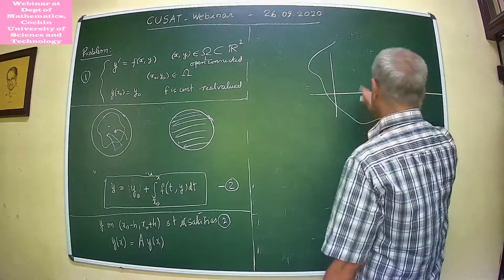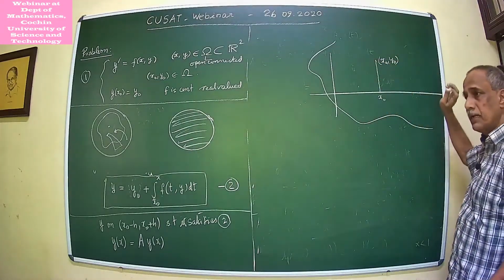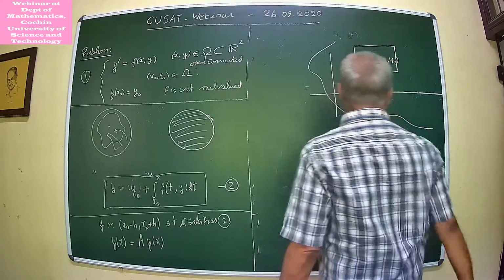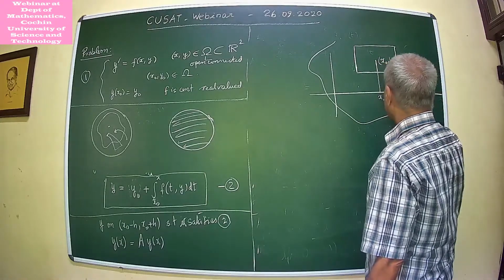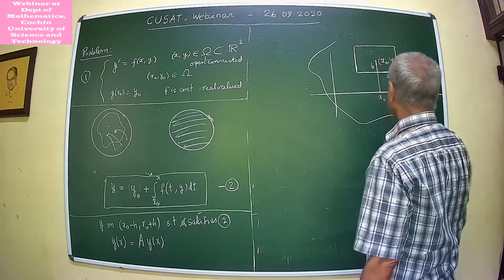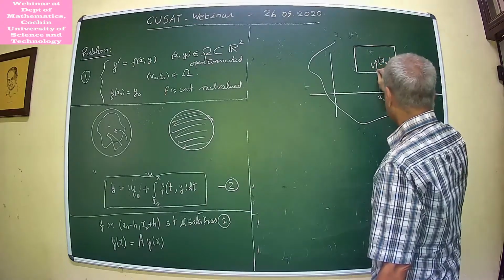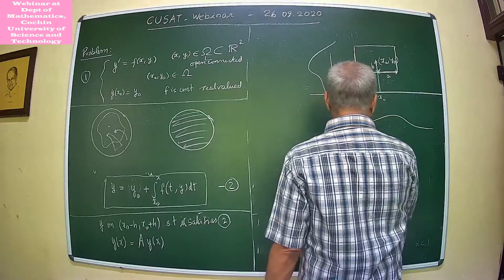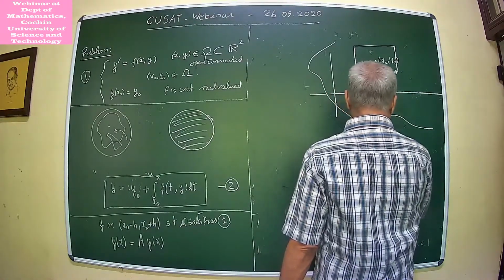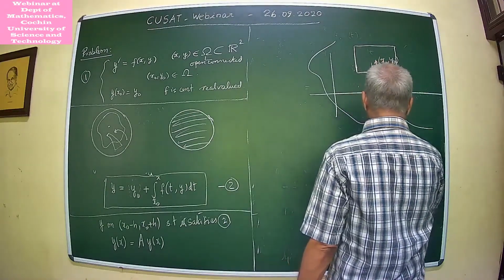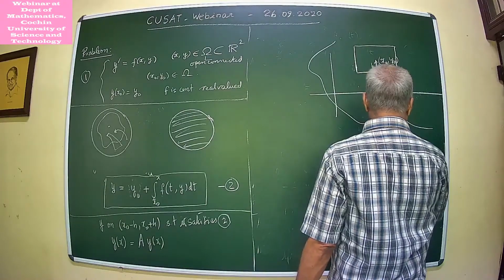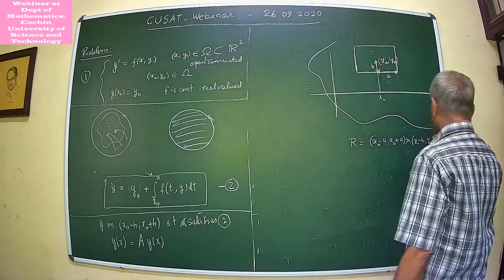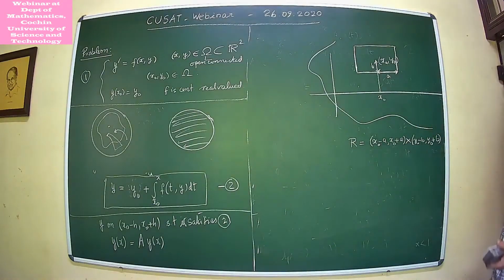Since this is an interior point of this open connected region, you can enclose it inside a rectangle R with sides A and B: the rectangle is x_0 minus A to x_0 plus A, cross y_0 minus B to y_0 plus B. This is the rectangle that we are looking at.